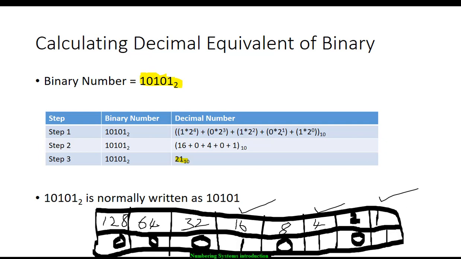The 0 stays 0, because 0 times 2 to the power of 1 is 0. You have to add everything to get to that answer. So that's how you do your binary to decimal conversion.